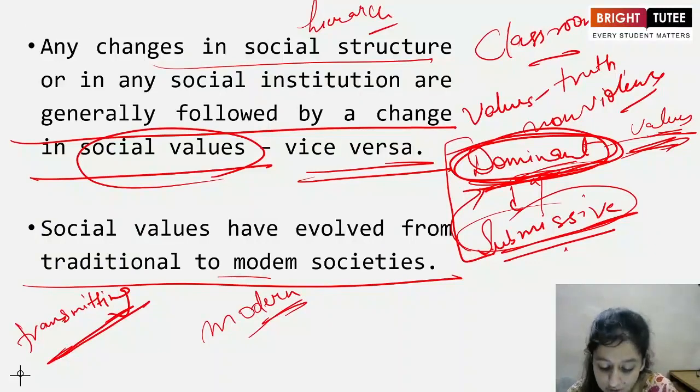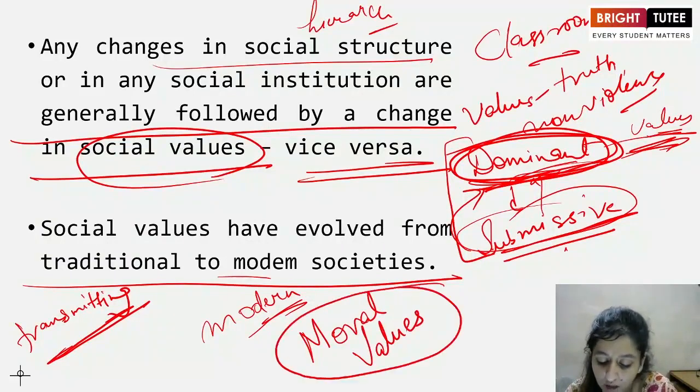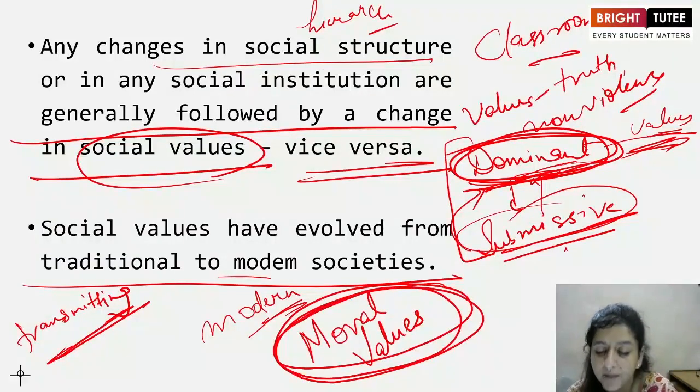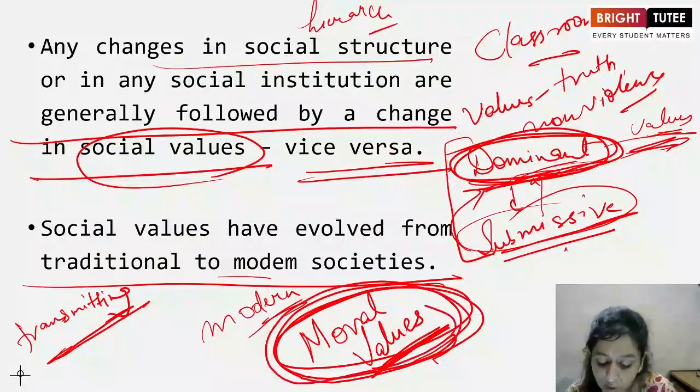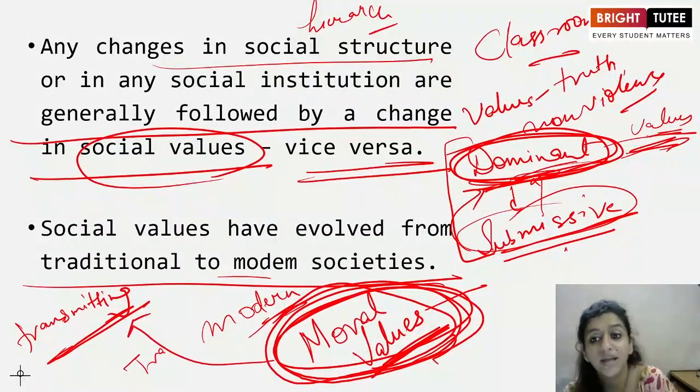One subject that you might have had in your classes or in your school for a very long period of time is moral values, because the society accepts certain values, and as a part of these moral values, those values are being transmitted to all of you.